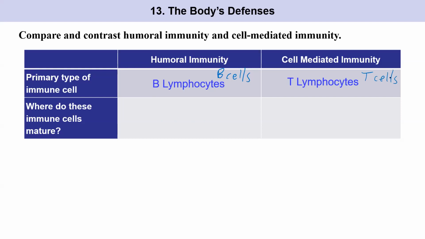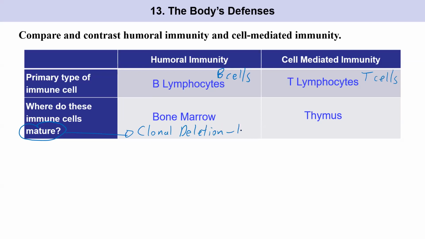So where do they get their names? B cells is not blood, but B for bone marrow. And T is for thymus. So when we say mature, by the way, we're talking about a process called clonal deletion.